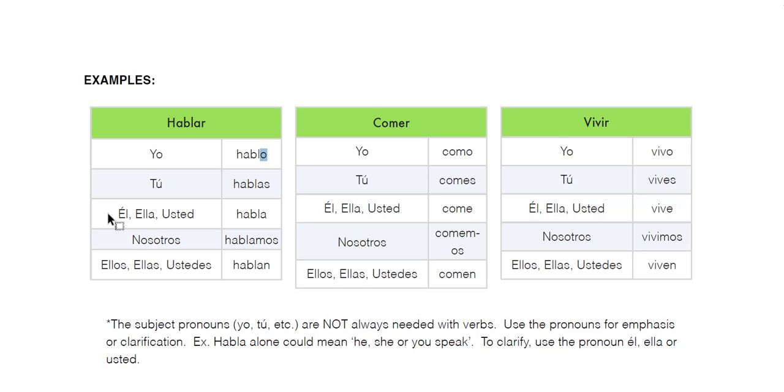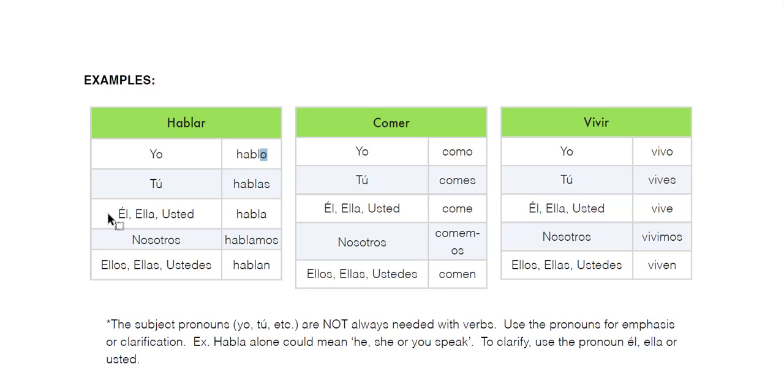Carlos habla mucho, right? And as we know, pronouns, they are meant to take the place of a noun, a proper noun, right? So instead of saying Carlos again and again after sentence after sentence, then we're going to start using our pronoun él. Él habla mucho, right?